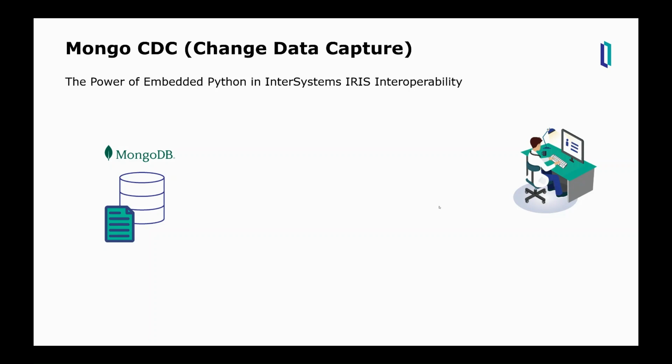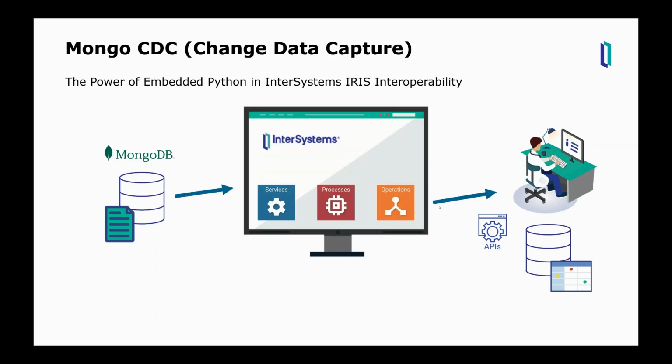Now the EMR has a REST API that allows it to accept information and update internal tables in its database. So this organization, of course, uses a leading interoperability platform by InterSystems, which will allow it to take the information from one side and digest it into the other via services, processes, and operations.